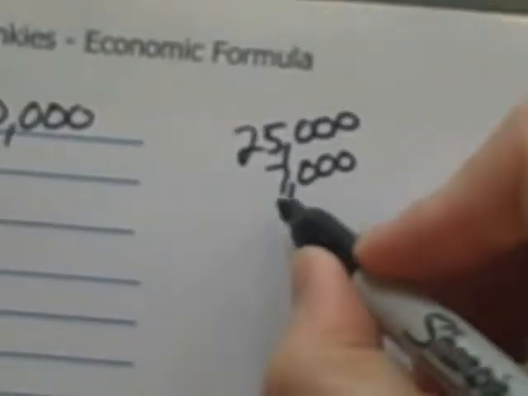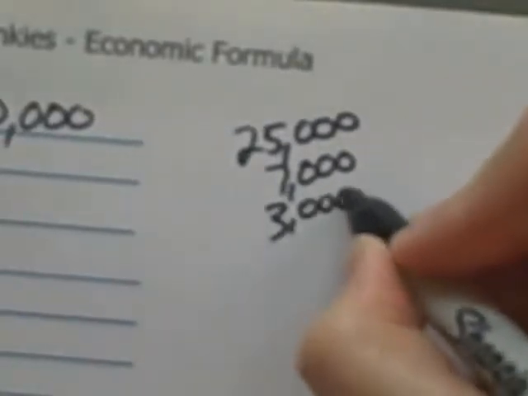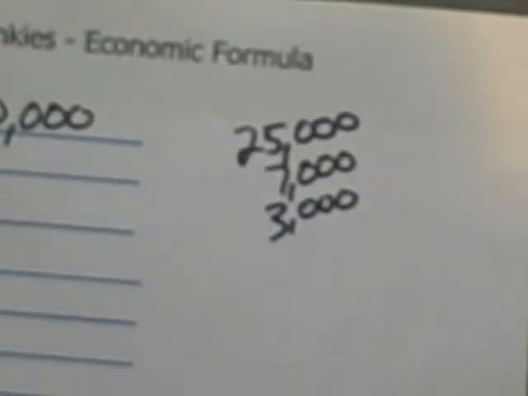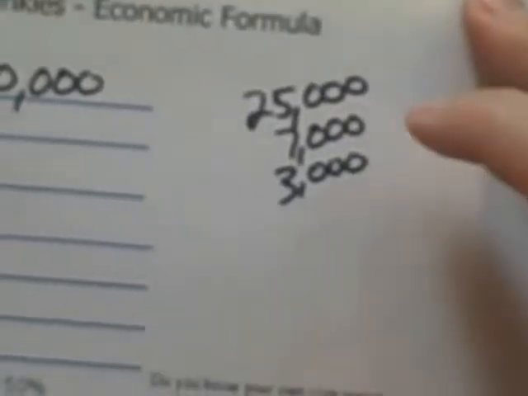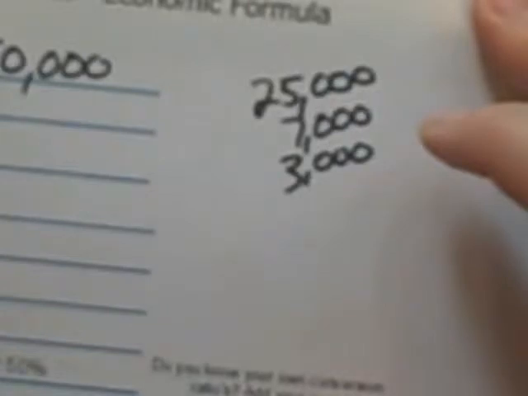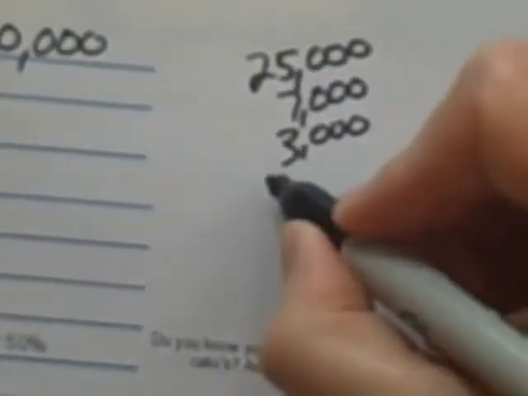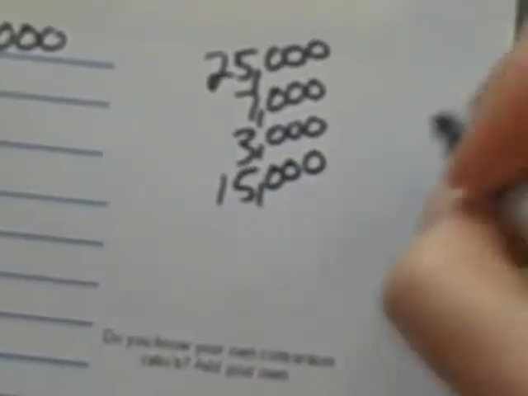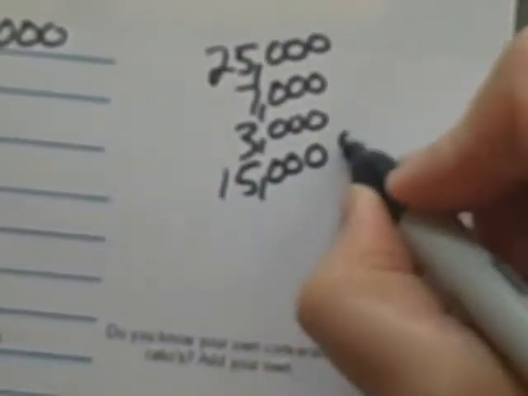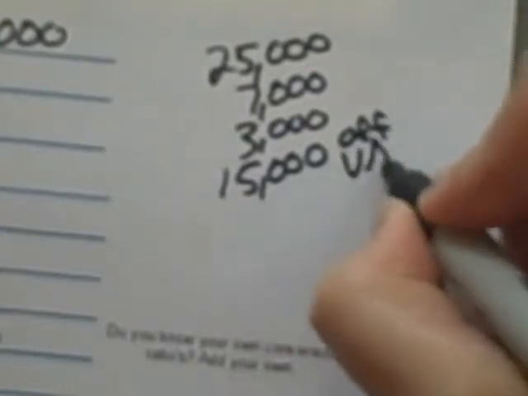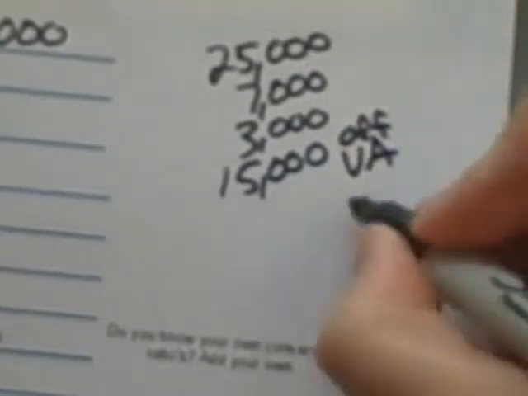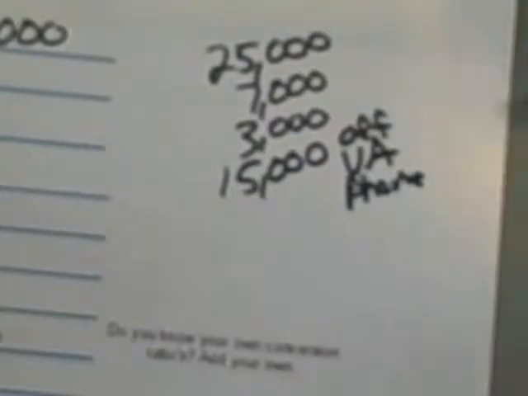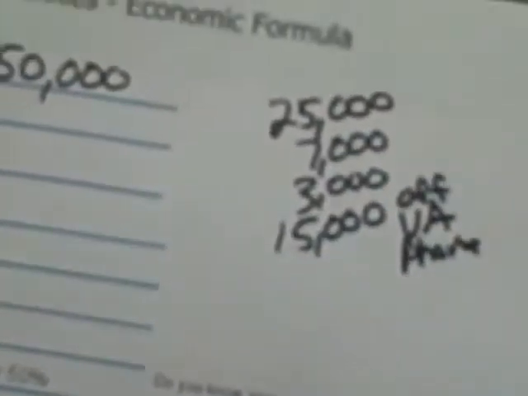Let's say you're spending $3,000 a year in marketing expenses, and then to be safe, we'll throw in another $15,000 or so to cover office expenses, a virtual assistant, phone, those types of uses. So a little over $1,000 a month to cover those kind of costs, right?